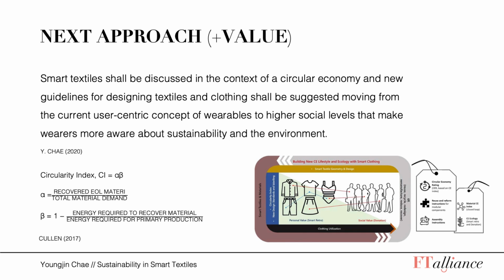Finally, adding extra value should be addressed in smart textiles in the context of sustainability and circular economy. New guidelines to create additional value by making wearers more aware of sustainability can be one approach. By suggesting higher social levels of engagement, smart clothing systems can become comparable to the current user-centric concept of wearables.